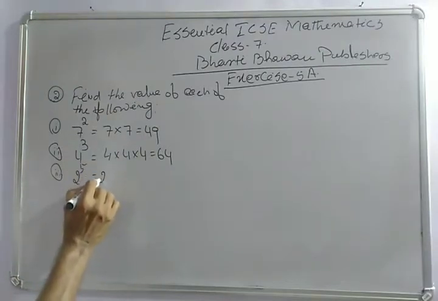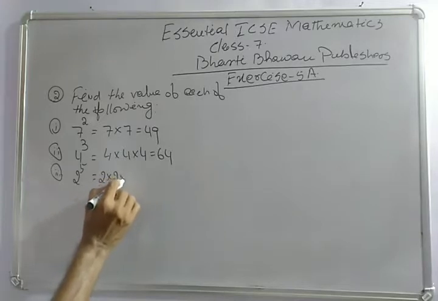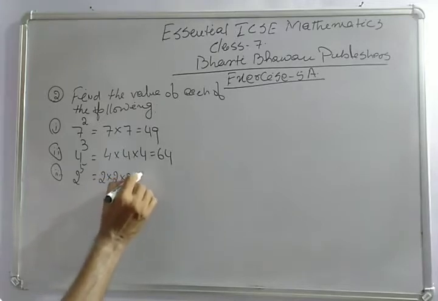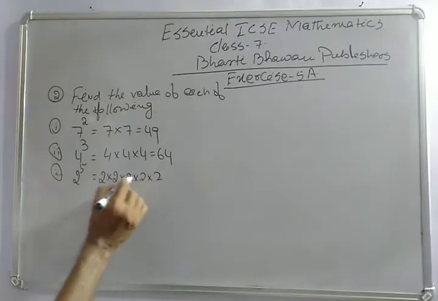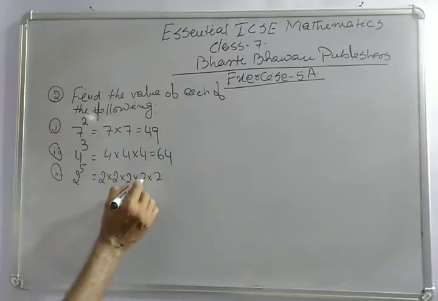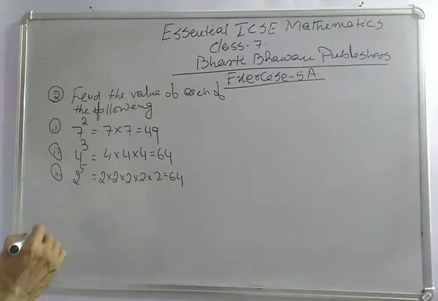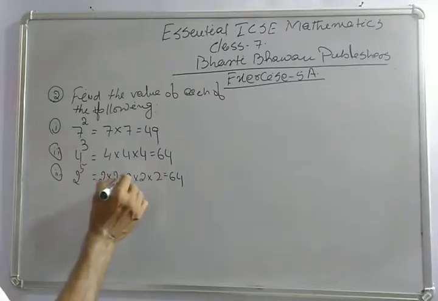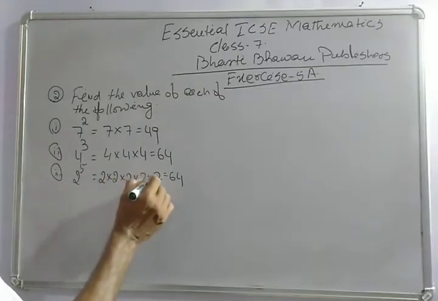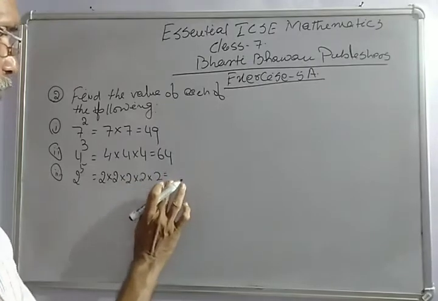This is equal to 2 into 2 into 2 into 2 into 2. That is 2 fours are 4, 4 twos are 8, 8 twos are 16, 16 twos are 32.